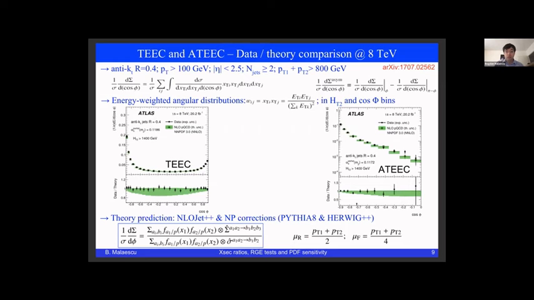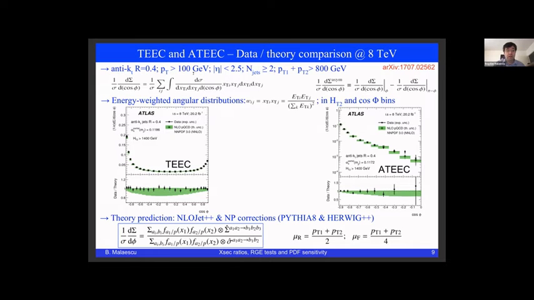Finally, the last result I wanted to show from the ATLAS side is from energy-energy correlations. Here again, I don't go into details with respect to the selections. In all the measurements I've shown, essentially central jets are used, and with some PT cut.